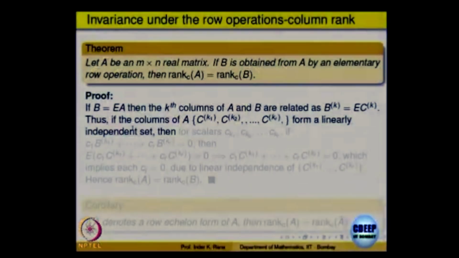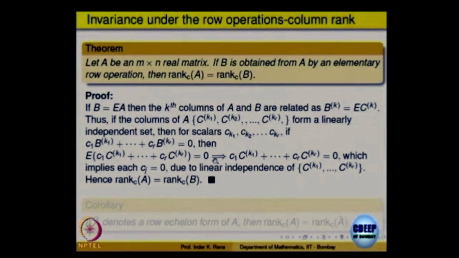So let us take a linear combination, c1 times B_k1 up to cr times B_kr. I am not taking all the columns, I am taking the k1th column, k2th column, and I have picked up some r columns, and I am taking a linear combination that is equal to 0 in B. So what are the B_k's?